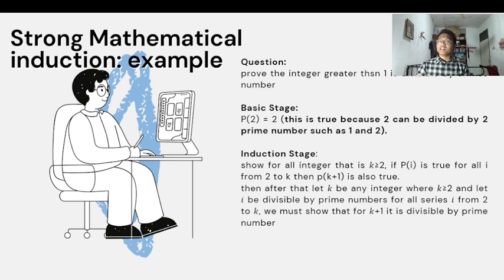We let k be any integer, where k is greater than or equal to 2, and let i be divisible by prime numbers. For all i from 2 to k, we must show that k+1 is divisible by prime numbers.